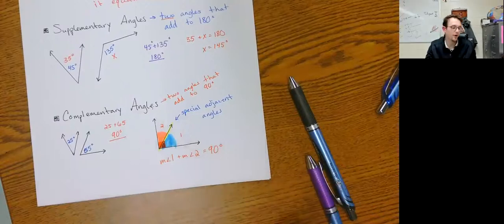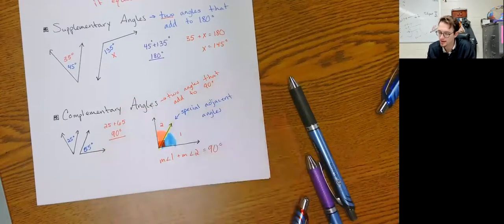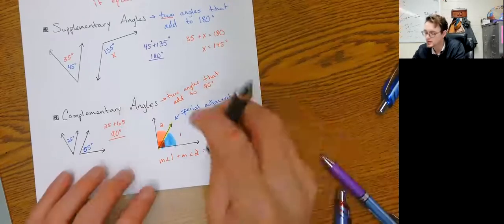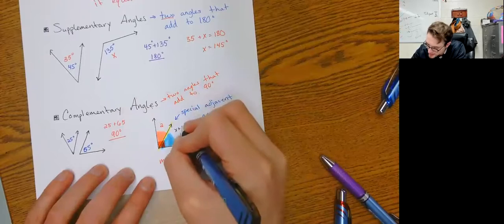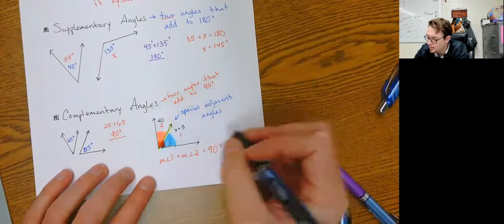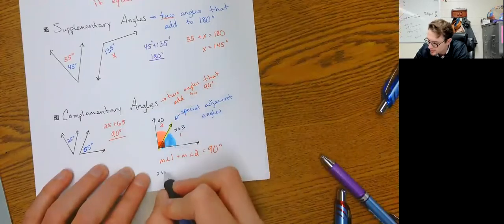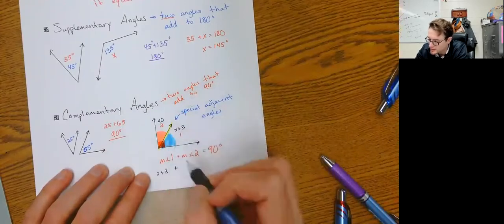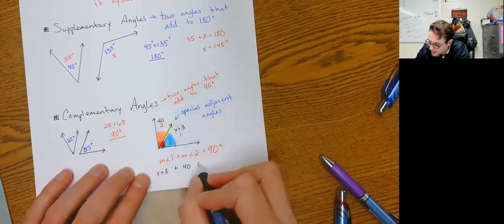This is a lot of info. There's actually one more, which gets even a little bit more fun, that applies to multiple different things. But you need to have the general understanding of these different types of angles. Complementary adds to 90. So if you know they add to 90, then you can do some math with them. If I knew that this was x plus 3 and this was 40, then this is angle 1, so I could do x plus 3 plus, the measure of angle 2 is 40, plus 40 equals 90.